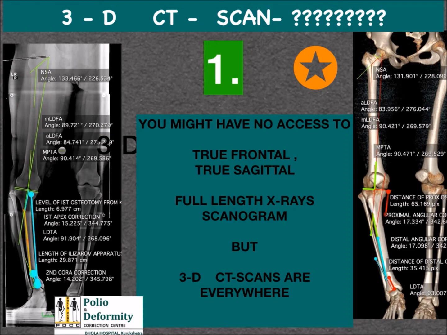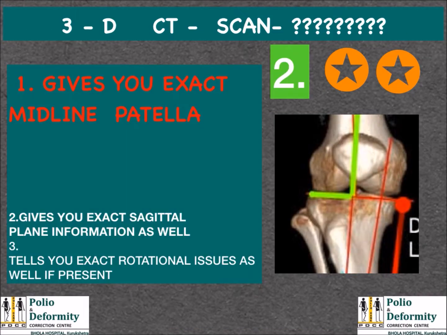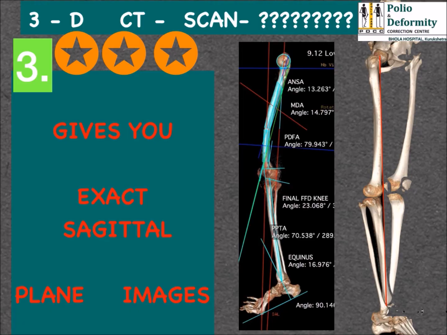But 3D CT scans are everywhere in each and every city. And the second advantage of 3D CT scan, it gives you exact midline patella. What is the third? It gives you exact sagittal plane images of both the sides. It gives you frontal plane and sagittal plane, both the sides, full images.